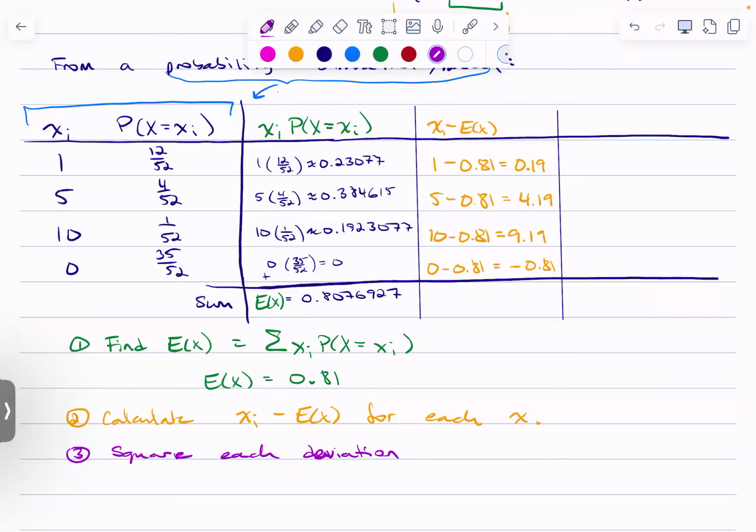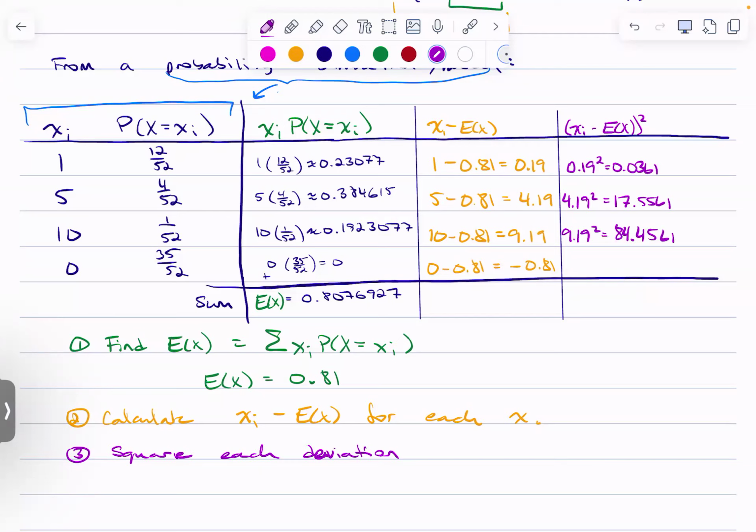So now I take xi minus the expected value of x and I square it, putting me at 0.19 squared, which is 0.0361. 4.19 squared is 17.5561. 9.19 squared is 84.4561, and negative 0.81.